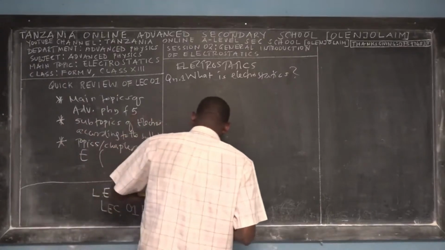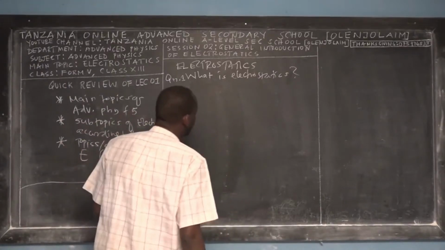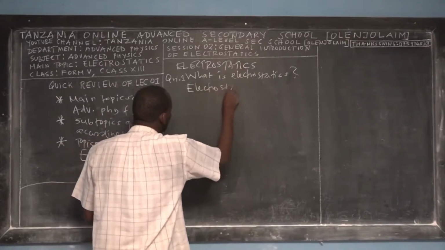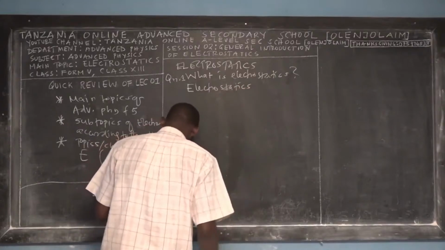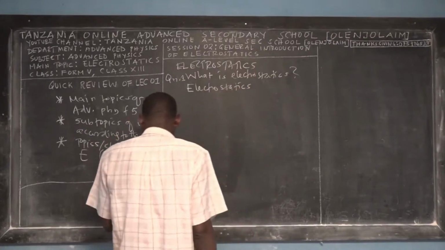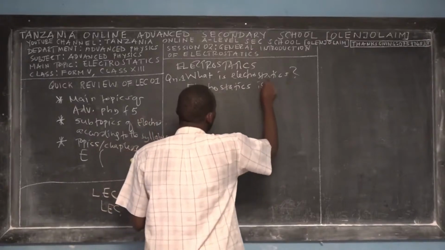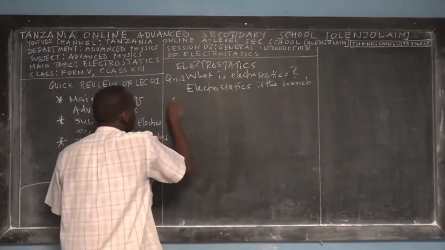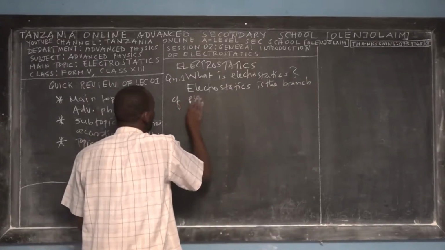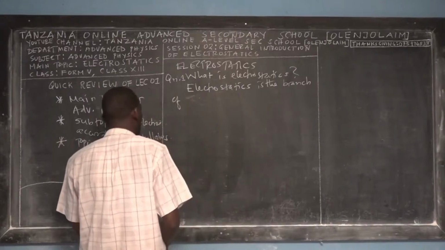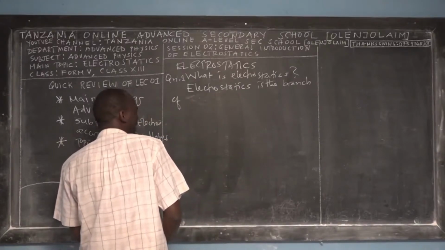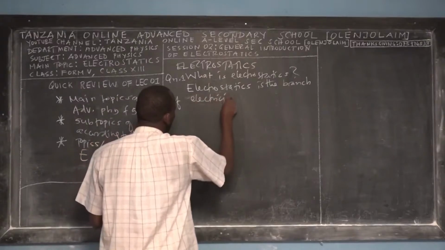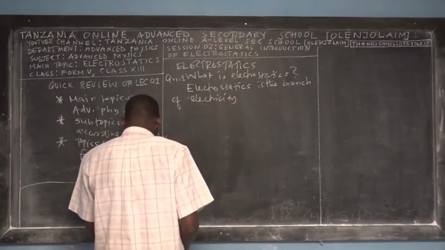Now listen carefully at how we define it. Electrostatics is a branch of electricity. You can call it a branch of physics, regardless, a branch of electricity, because electricity also is a branch of physics.